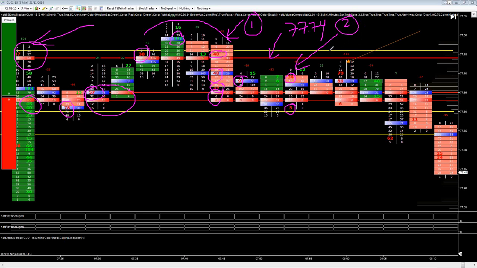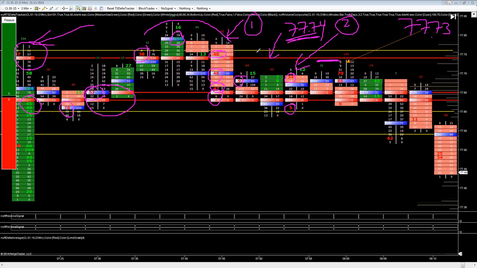And I put my order where? Just ahead of the block trade. I put it in at 77.73. The block trade is at 77.74. We already mentioned that. My order is in at 77.73. Why? Where should this market not go now?